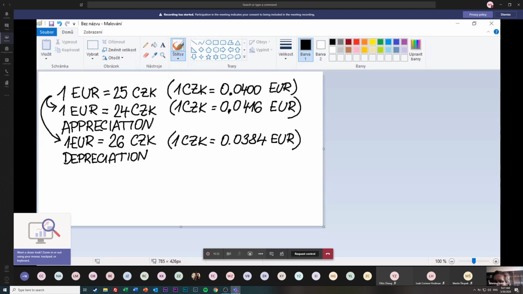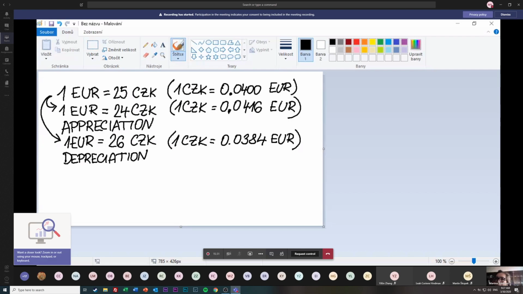So if the supply of the Czech crown is increasing, the price of the Czech crown is decreasing, and the Czech crown is depreciating.